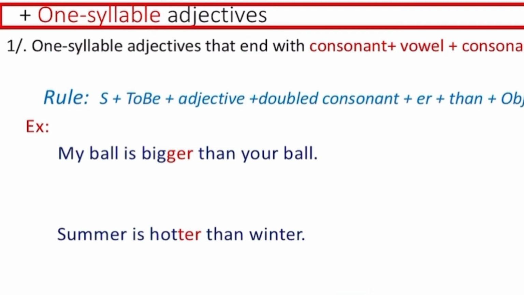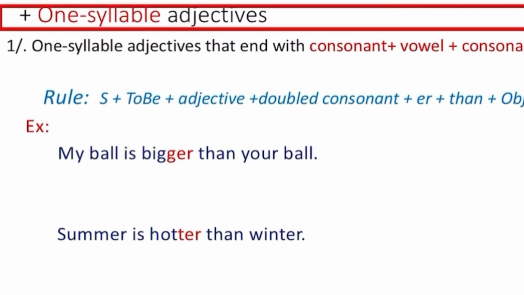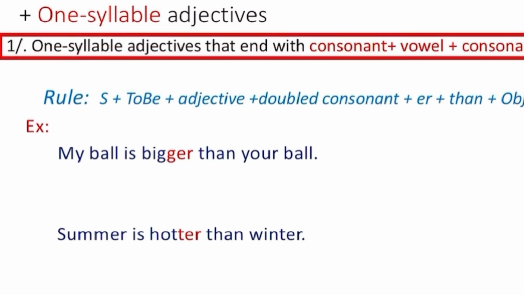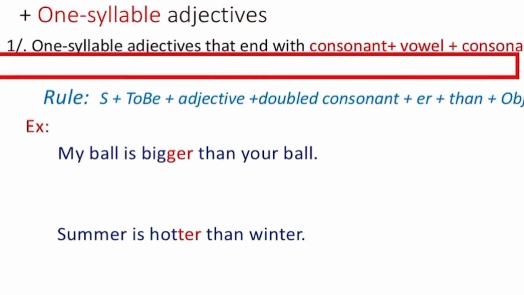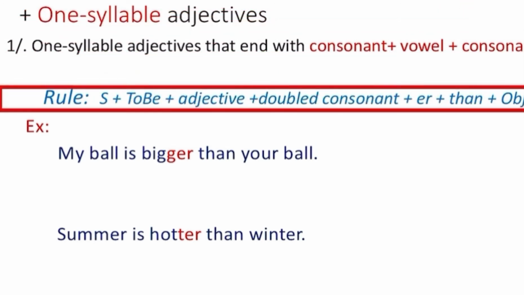So for one syllable adjectives, when we use comparisons, we have one syllable adjectives that end with consonant plus vowel plus consonant. So the rule, we have subject plus to be.